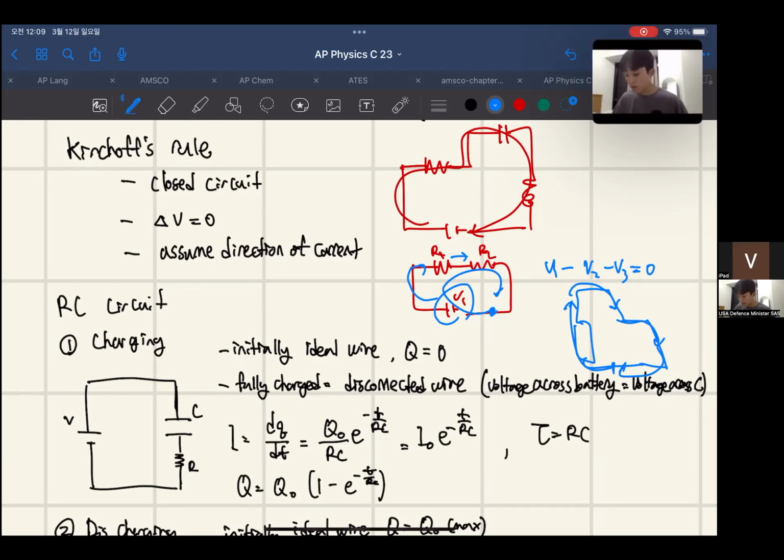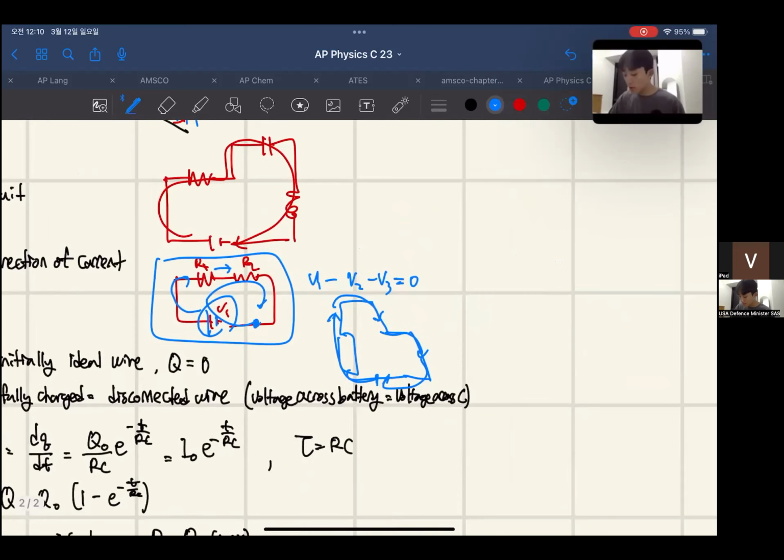For example, in this drawing, in this circuit, obviously the current would flow in the clockwise direction because you have the voltage like this. However, in some complicated circuits, it's hard to assume the direction of the current. In those situations, just make an assumption. You might be wrong, you might be correct, but that doesn't matter. Just make an assumption, and I'll show you how that works.